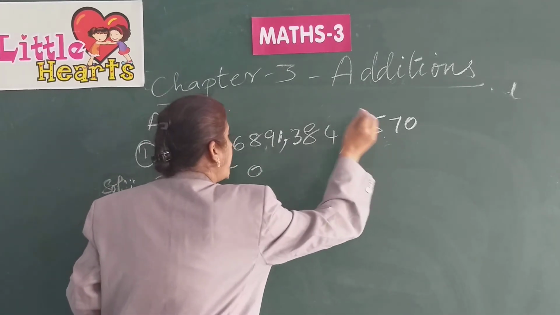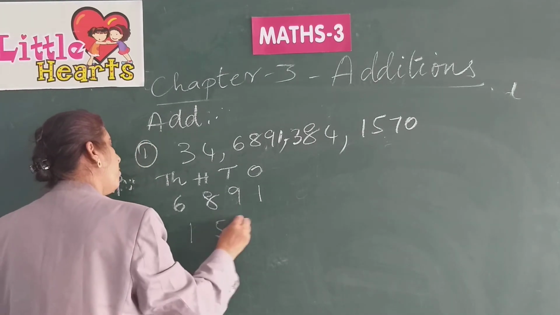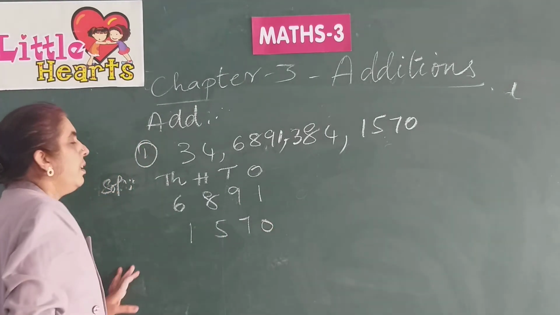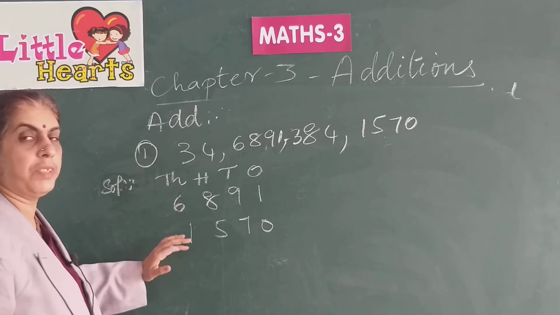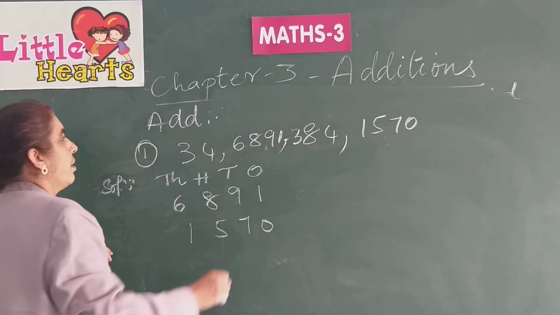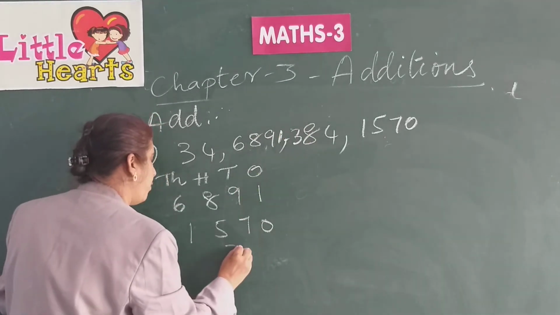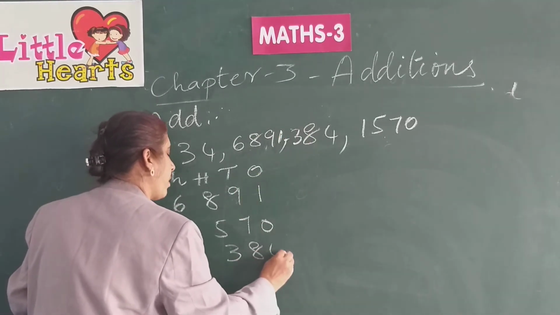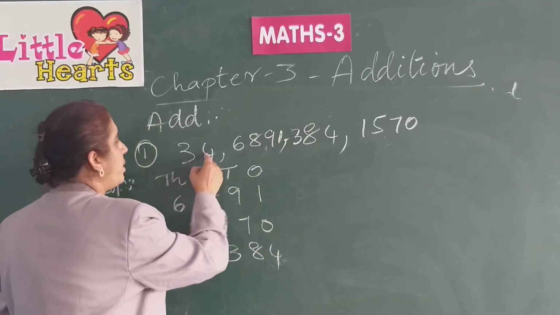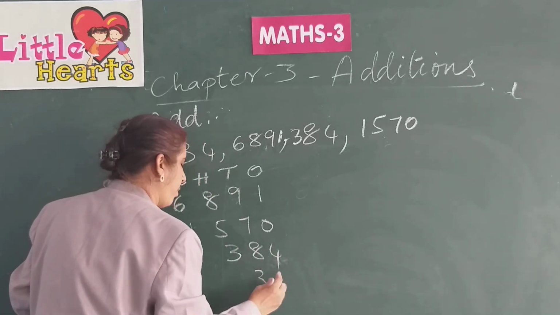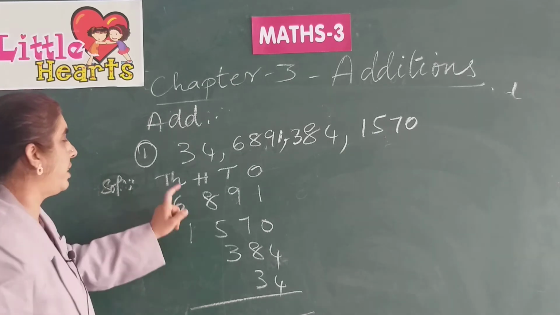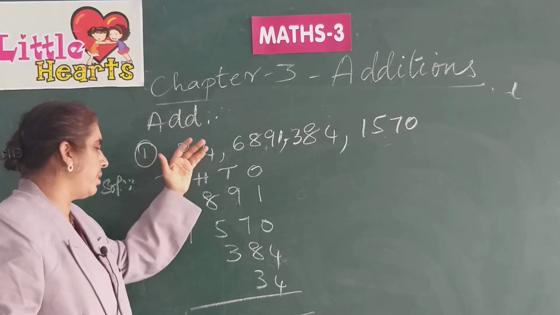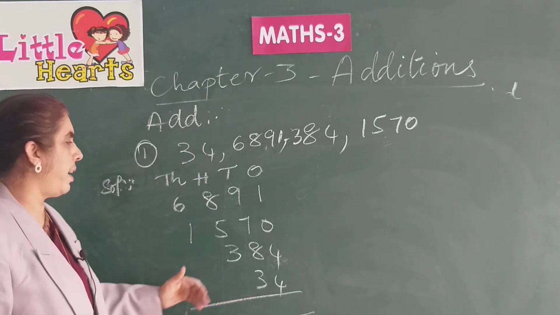Next also this number 1,570. It will be convenient for adding if you write the numbers with more digits first. And 384. Next comes the 2-digit number 34. Then you can easily add.